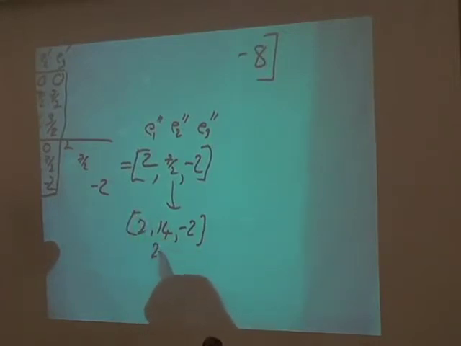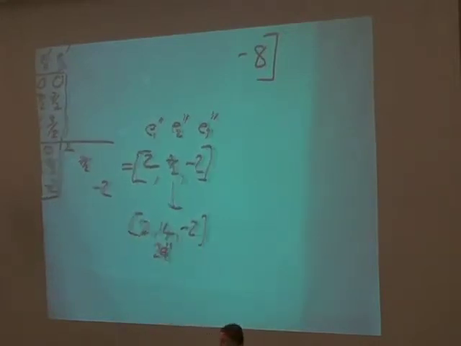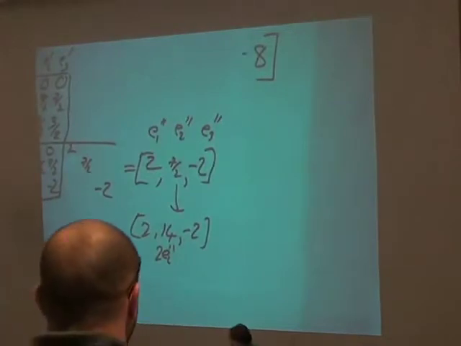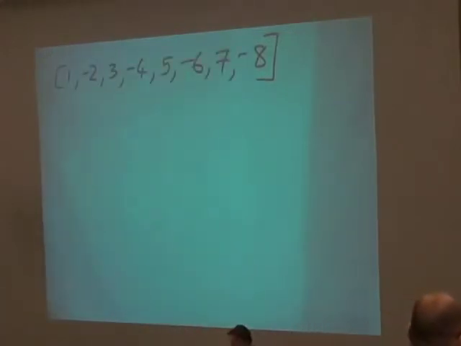And I've got 2 E2 double prime. You should think of these as the inner products of vectors. So I can always make my entries integers after I've done this. In fact, I can make them square free integers, but I haven't bothered.